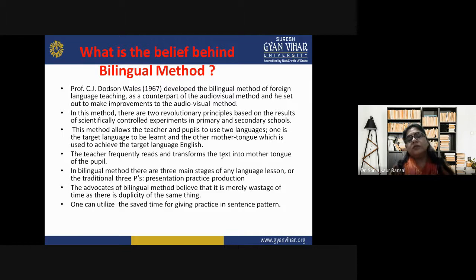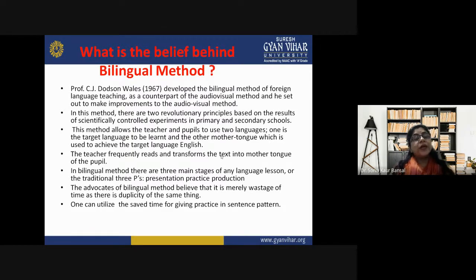So when the target language is not successful in enabling the students to understand a particular word's meaning, then we take the help of the mother tongue. By that time the student understands it quickly, and the student is producing more and more sentences on adjectives by using particular adjective words. So this is about the three P's: presentation, practice and production.